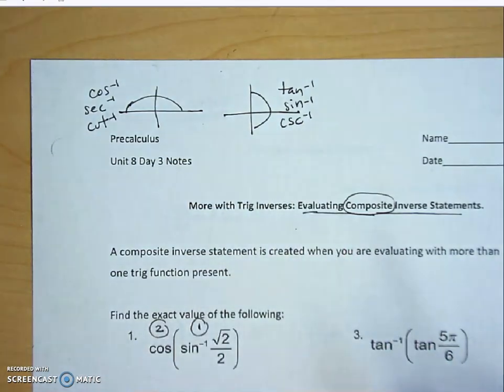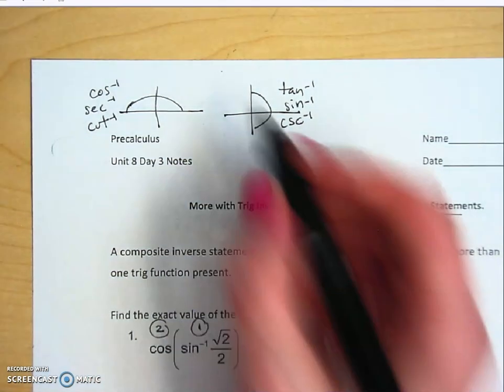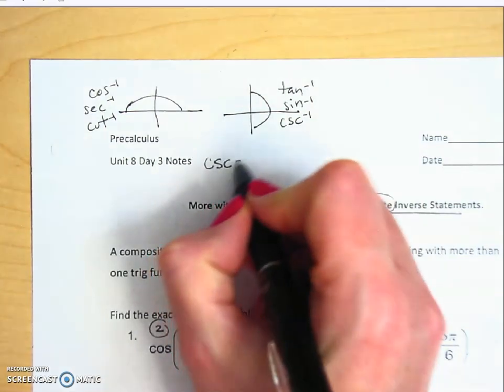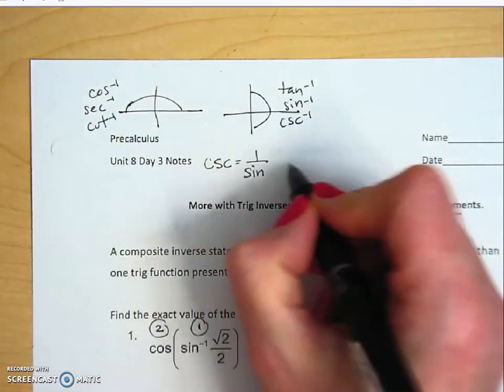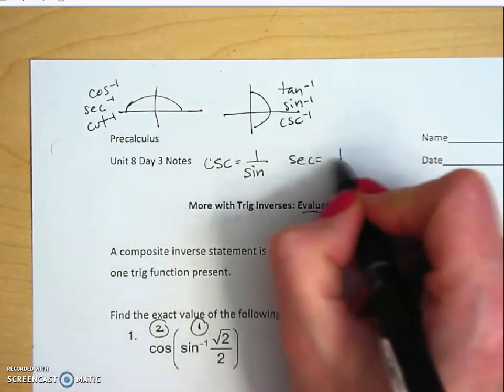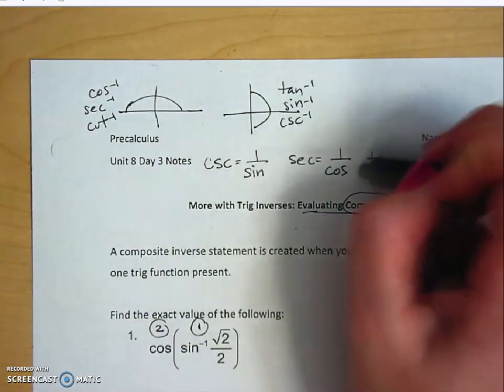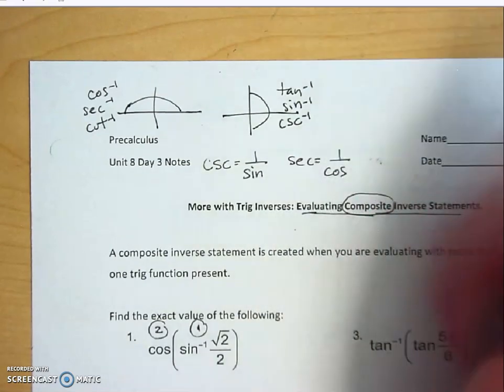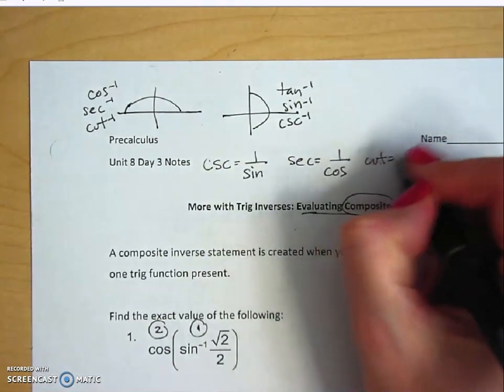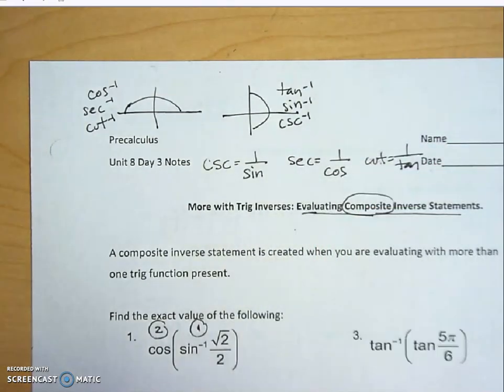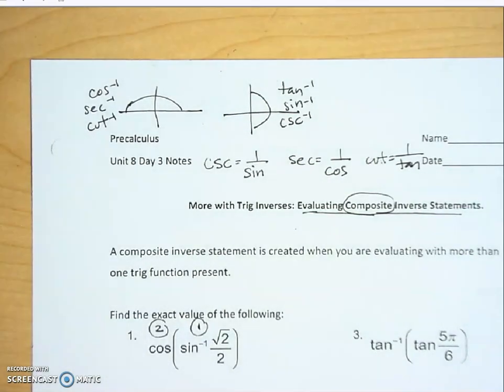We also will be working with the reciprocal functions. Cosecant, remember, is the reciprocal of sine. Secant is reciprocal of cosine, and cotangent is reciprocal of tan.